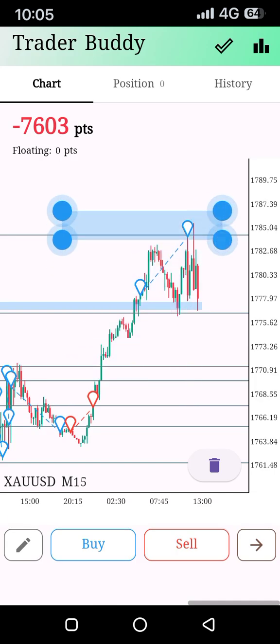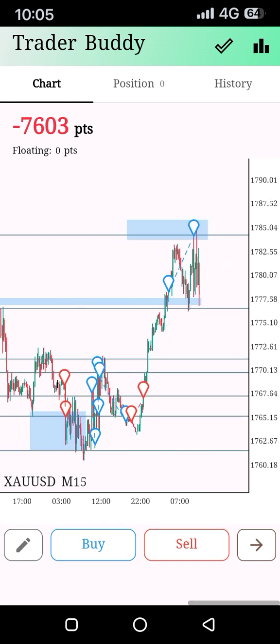This is what we mean by indication: a price point above the previous level of resistance or support. So price has shown us that there are buyers above that level.